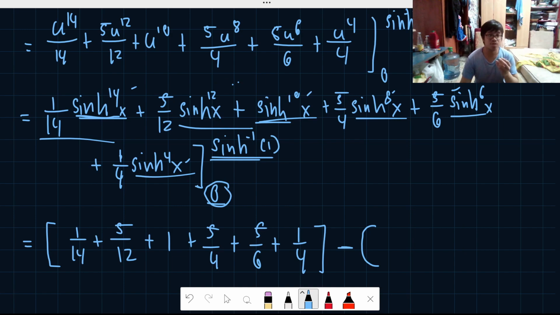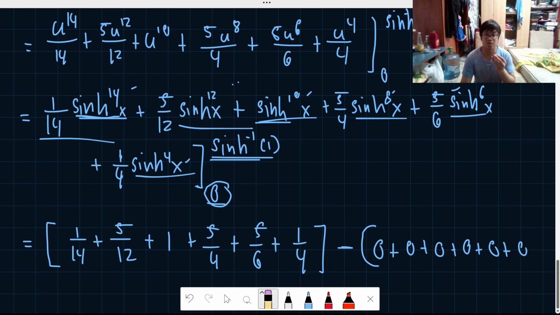So substitute it here: you will get 1 all over 14 times 0, so you will get 0. Then for the second term, 5 all over 12 times hyperbolic sine of x raised to 10, it's 0. 5 all over 4 times hyperbolic sine of x raised to 8, it's 0. 5 all over 6, 0. 1 fourth, 0. So everything here is 0.